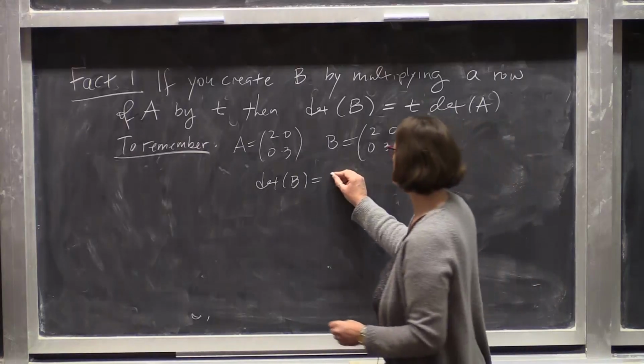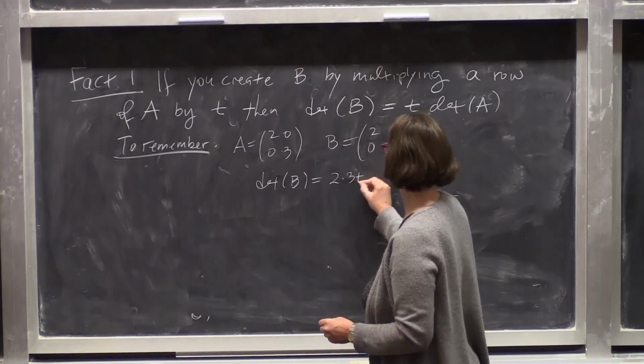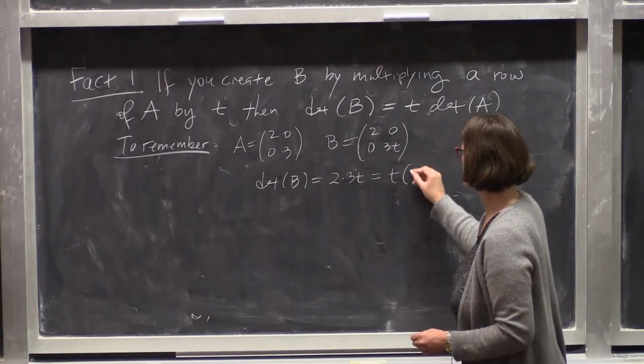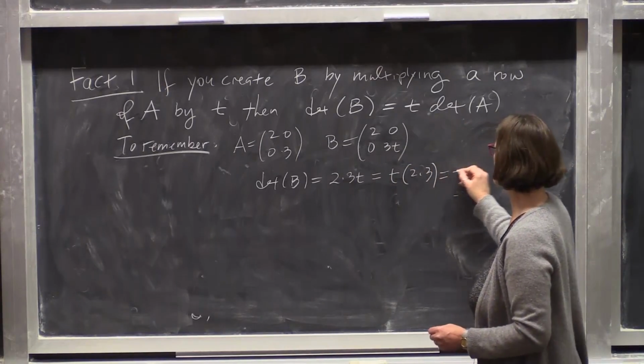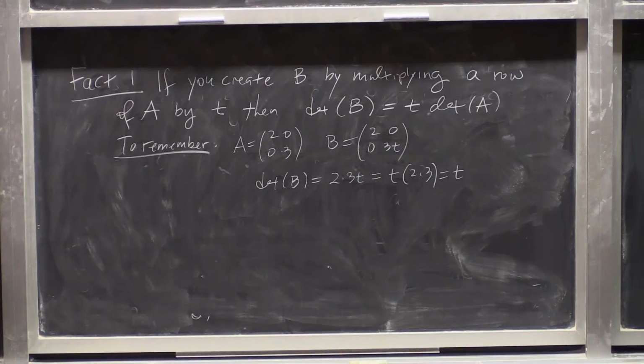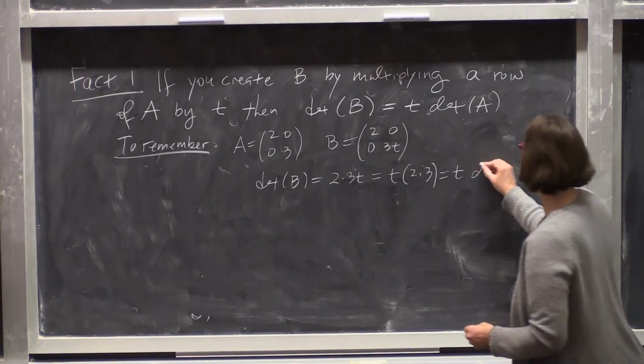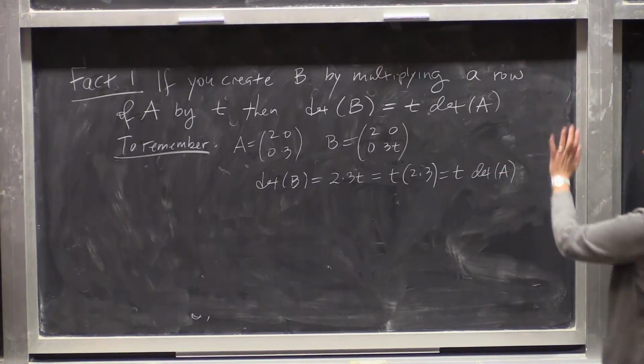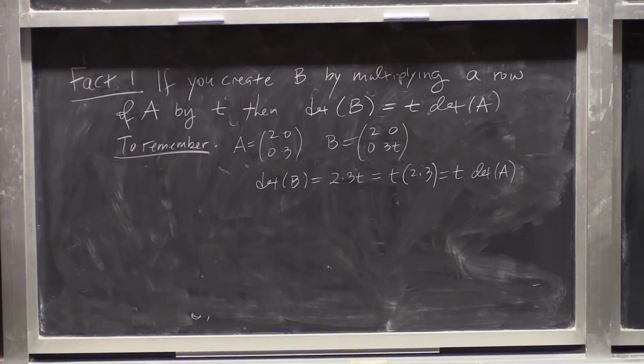But I'm going to write it as 2 times 3T. That's equal to T times 2 times 3, which is T times the determinant of A. This isn't a proof of this statement. This is simply how you can remember it.